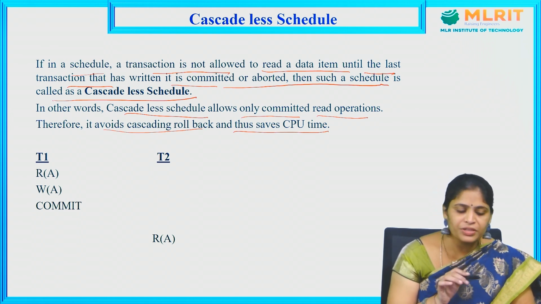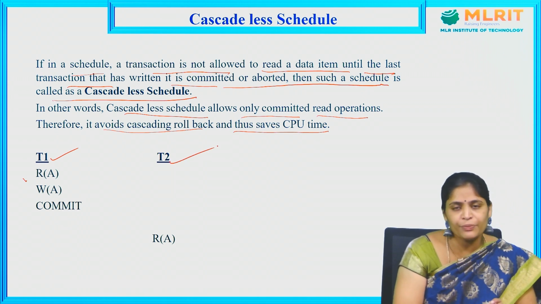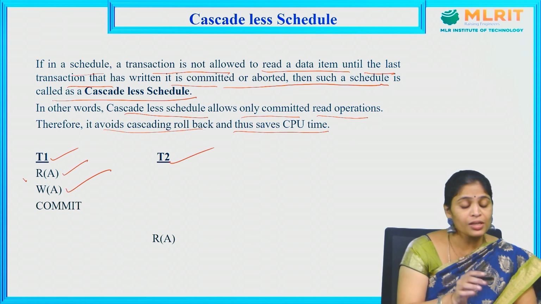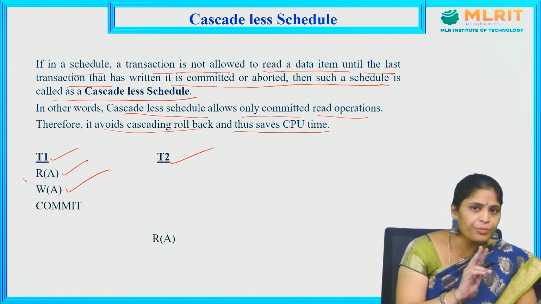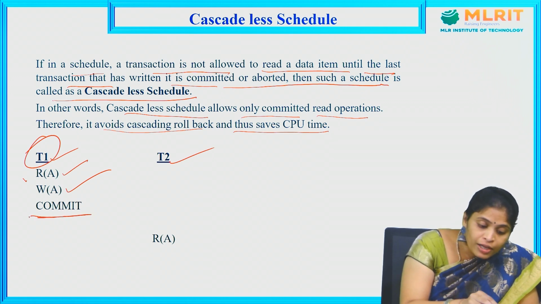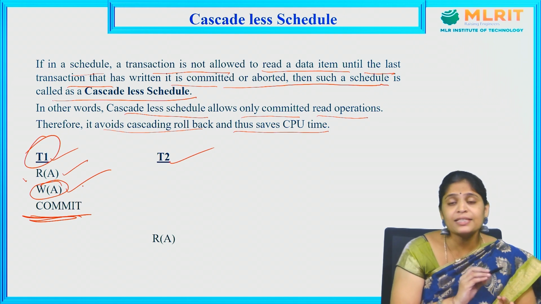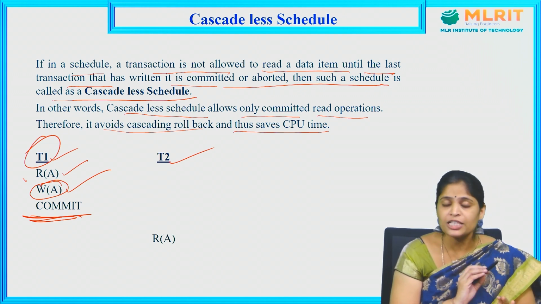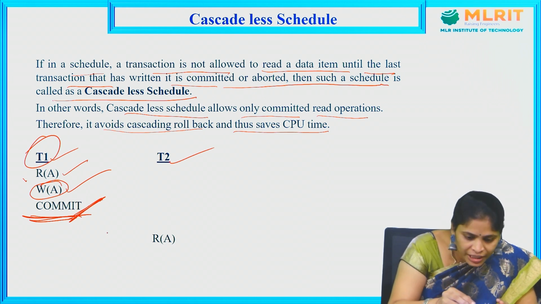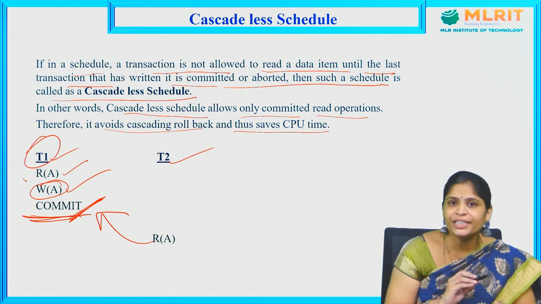Let us discuss this with a simple example. We have considered two transactions, T1 and T2. T1 is updating; here we are performing two operations, read and write, in a single transaction T1, and later a commit operation. That means whatever data has been updated here is saved permanently in the database. After the commit only, T2 is allowed to read the data to avoid dirty reads.